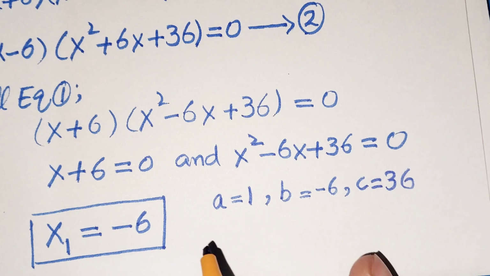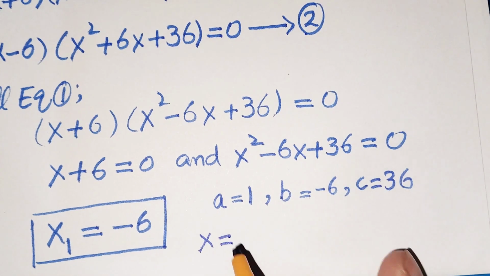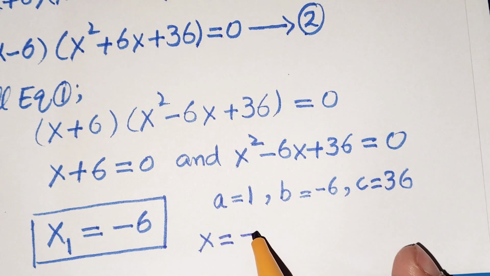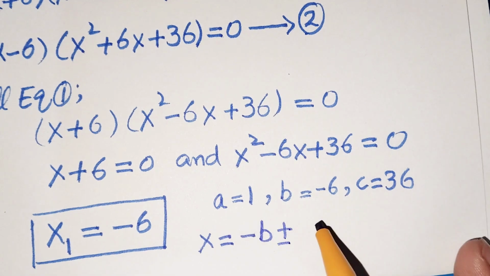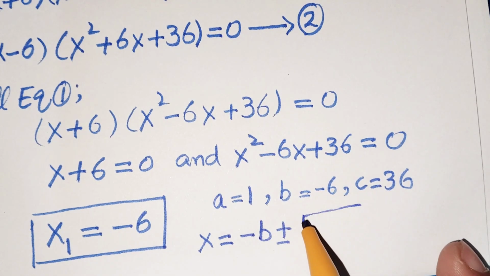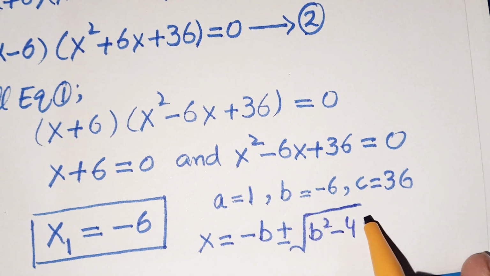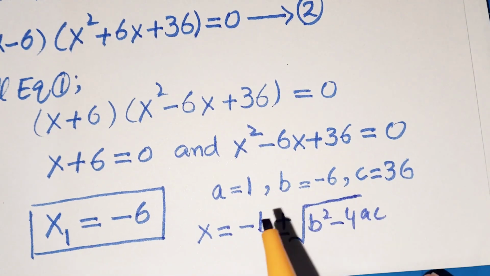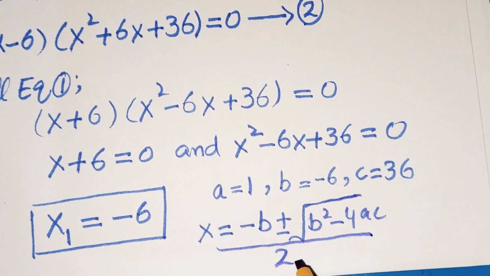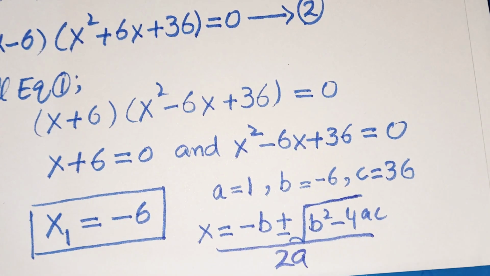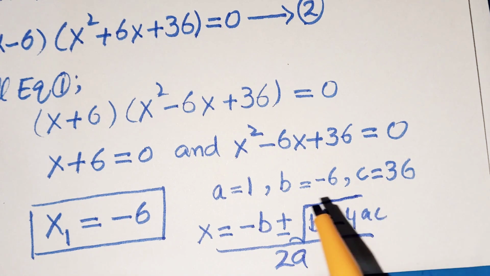Now we apply the quadratic formula: x is equal to minus b plus minus square root of b square minus 4 times a times c, divided by 2 times a. Now we put the values in this formula.